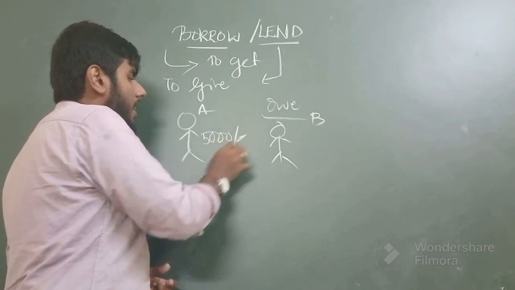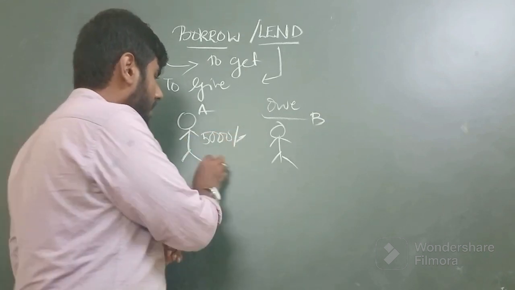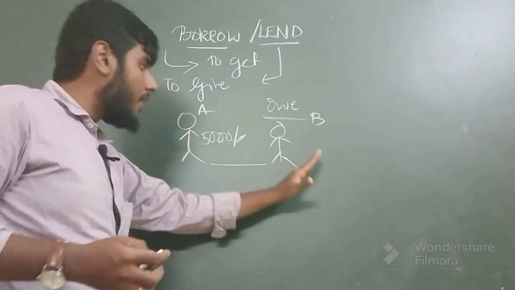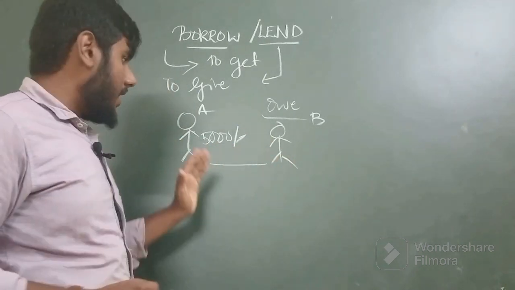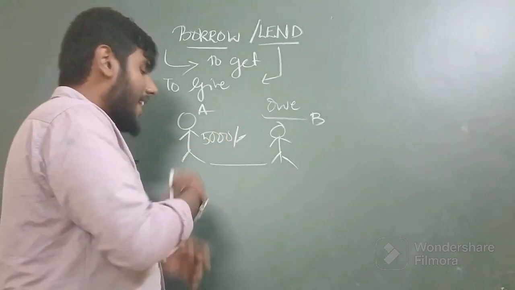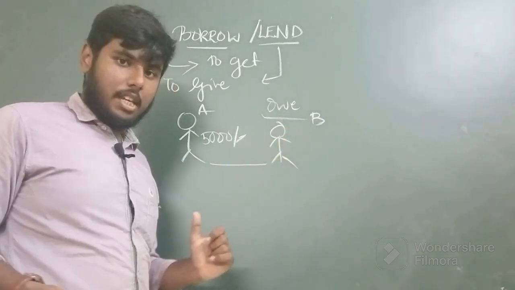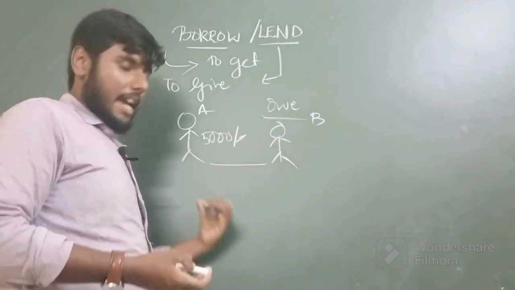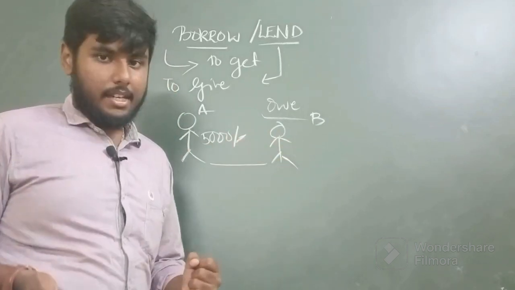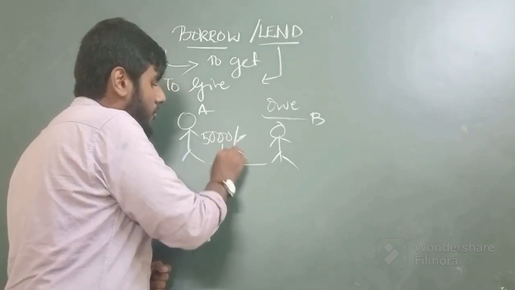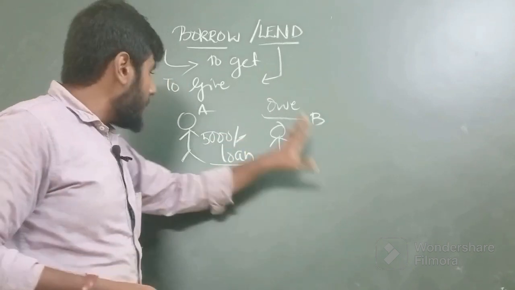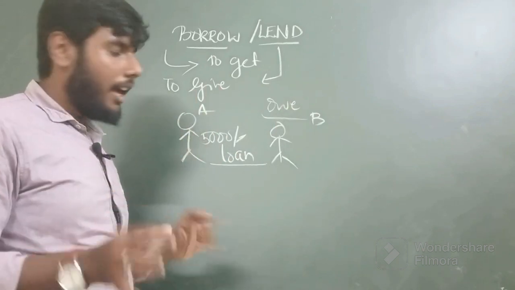He is a very well known friend to Mr. B, and as he is already known to Mr. B, he is asking him if he can help Mr. A by giving 5,000 rupees. So this is going to be a loan that is about to be advanced by Mr. B to Mr. A.